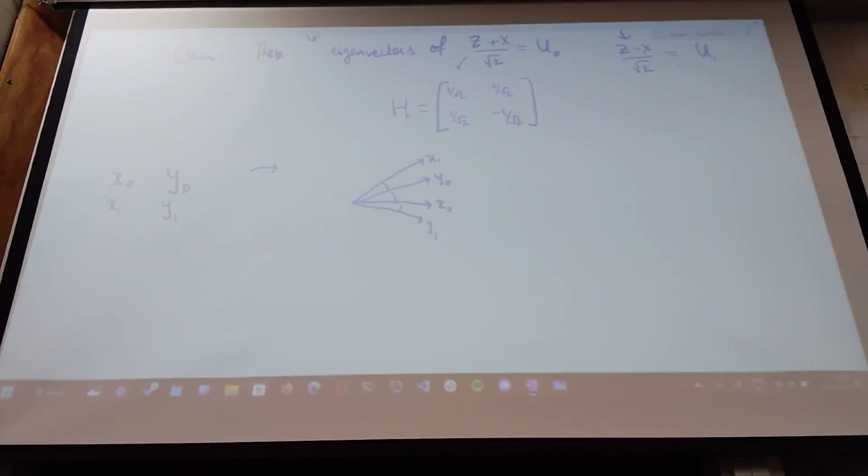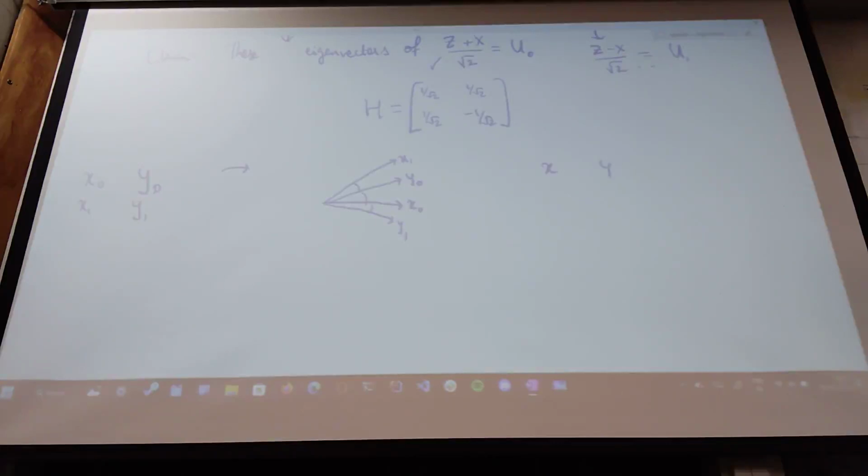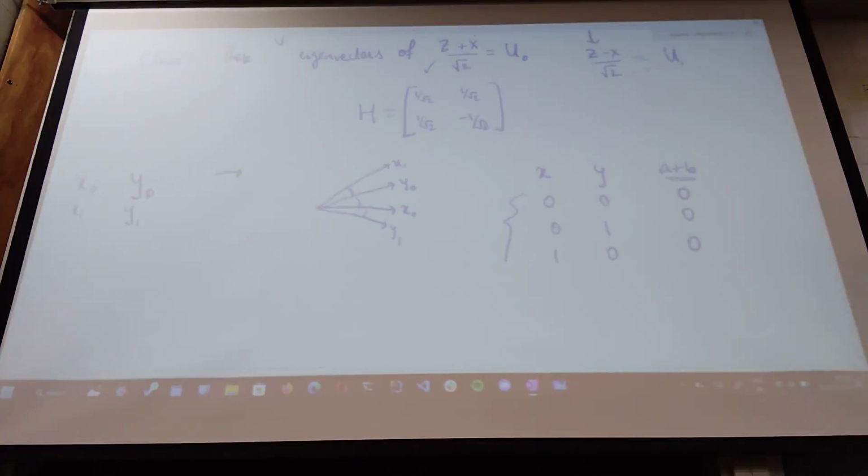Now, in 3 out of the 4 cases of x and y, Alice and Bob win if their answer is the same. If you remember, a plus b must be 0 for Alice and Bob to win, and this is only achieved if a equals b. So in these 3 cases, we want the results output by Alice and Bob to be the same.